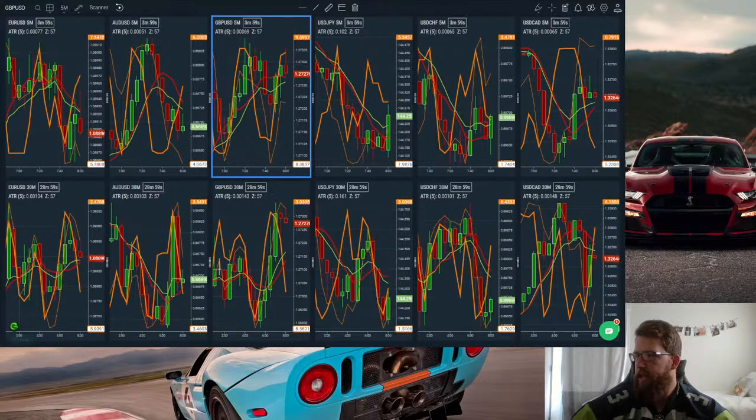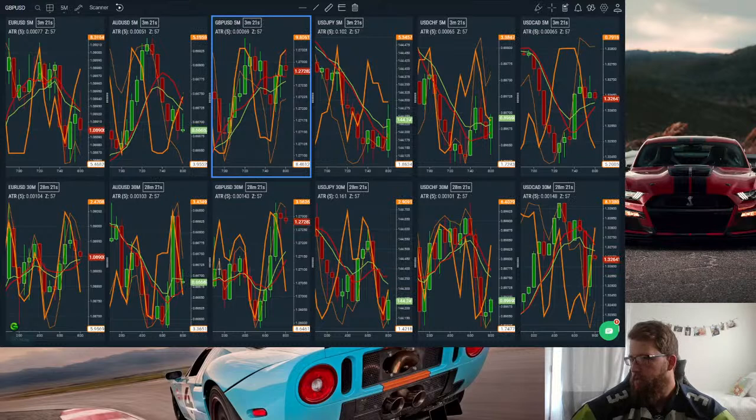Let's get in here. Right there. Let's just use some levels. Oh, wait, that's a long move. I'm going short. Right here, we'll use this level 1 to 1. Oh, can't even see.